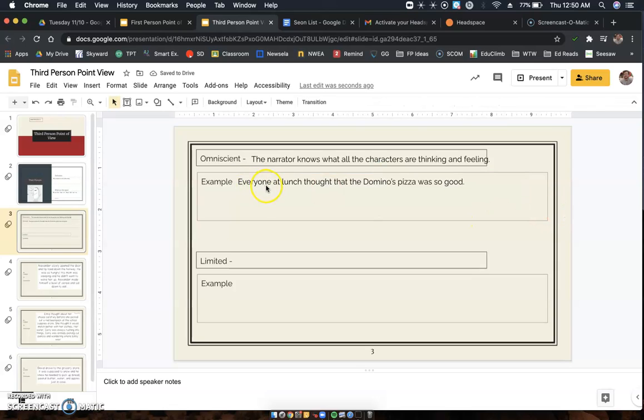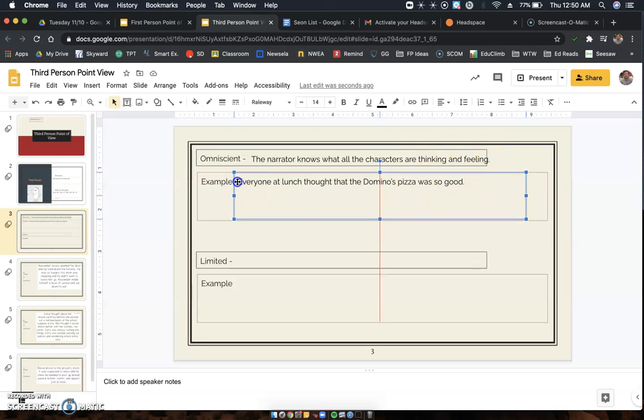All right, so everyone at lunch thought that the Domino's pizza was so good. If you guys remember last year when there was Domino's pizza for lunch, that was awesome, wasn't it? So everyone at lunch thought that the Domino's pizza was so good. Now the narrator knows what all of the characters are thinking and feeling because everybody at lunch was thinking something about the Domino's pizza, and the narrator knows that. So this is an omniscient, third person omniscient here.